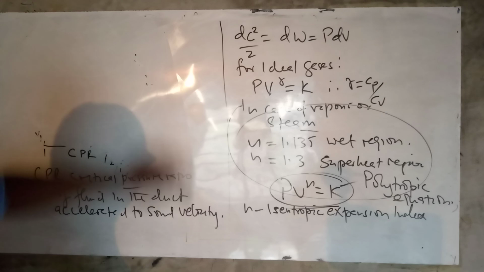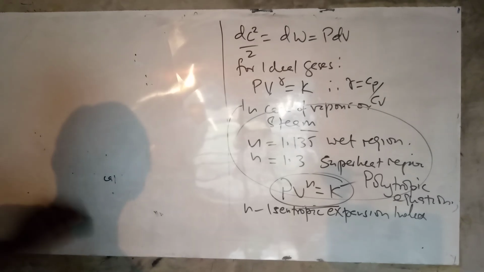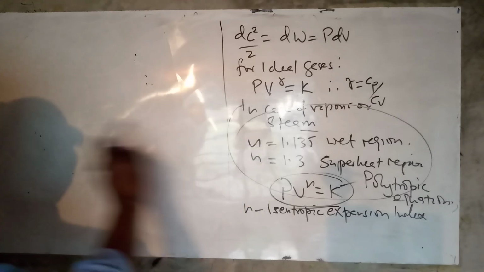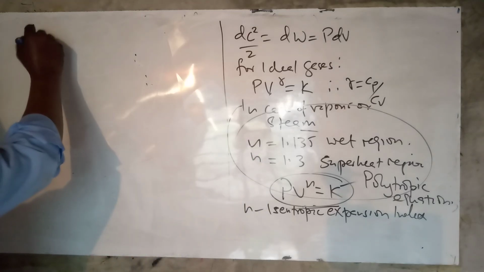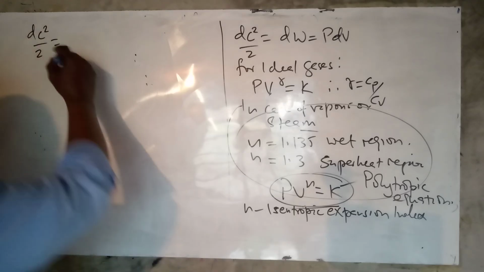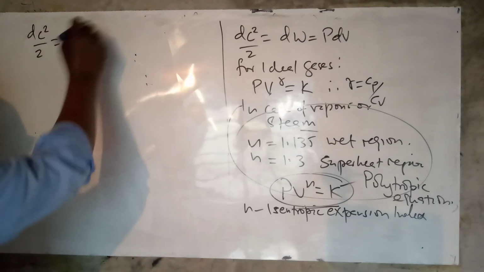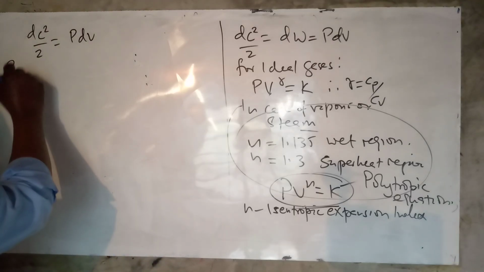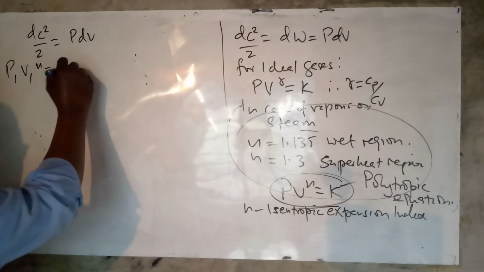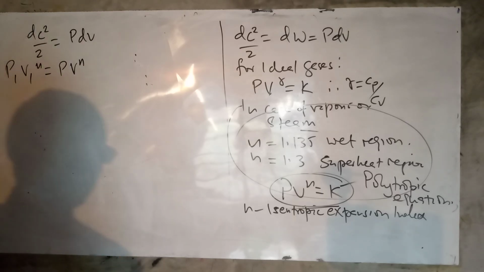We can quickly move on to derive this form, whereby d(C squared) over 2 will be given by P dV. So if you use the polytropic equation, P1 V1^n equals P V^n.